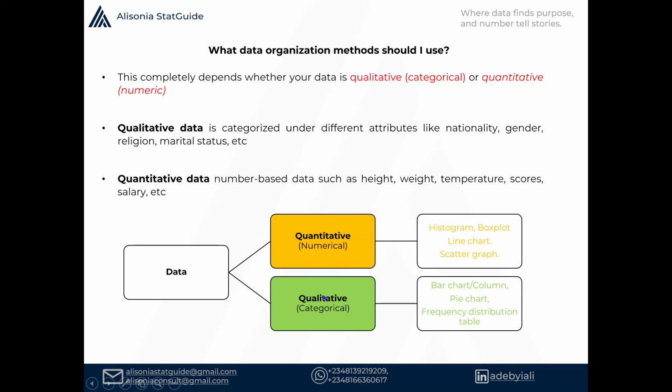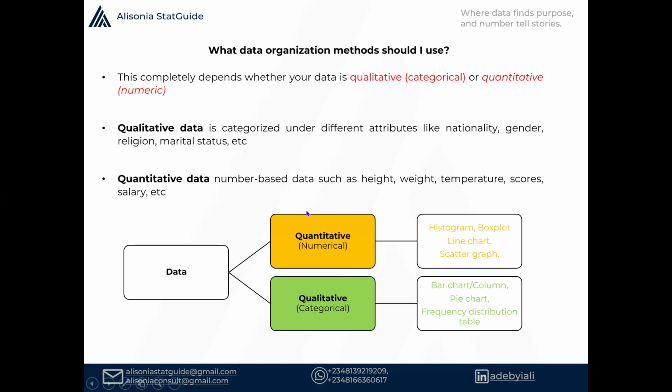If it is categorical or qualitative data, and in the next class on data analysis we will mention categorical again, and when I say categorical, I am referring to qualitative data, then we are talking of a bar chart or column chart, pie chart, frequency distribution table. It's not limited to this; we have the donut chart, and so on.